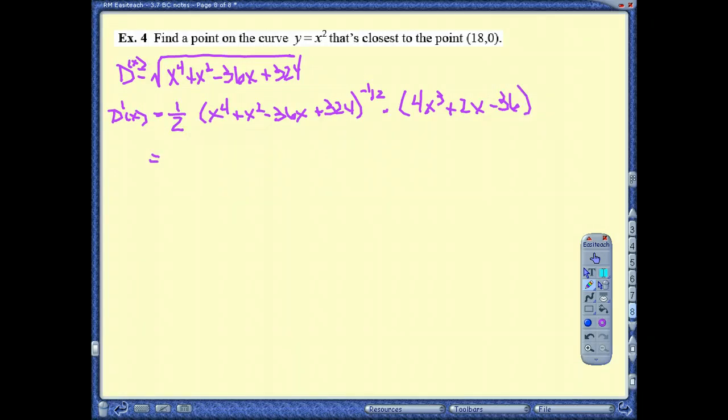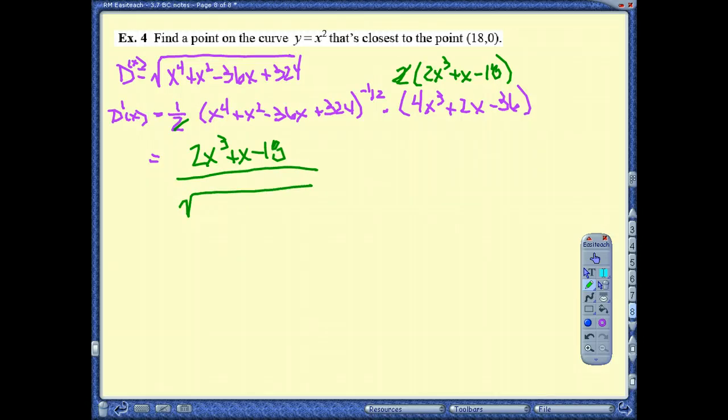Rewrite. It looks like everybody has a 2 involved, so if I were to factor out a 2 here, I would have 2 times 2x to the third plus x minus 18. So that 2 is going to cancel with that 2 here. Any little thing you can do to make this a little bit better, please do that. And then the bottom, we've got x to the fourth plus x to the second minus 36x plus 324.